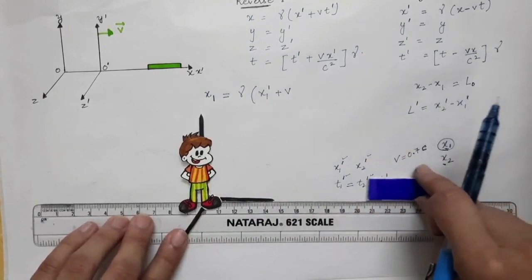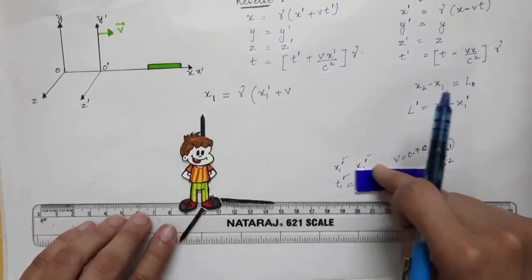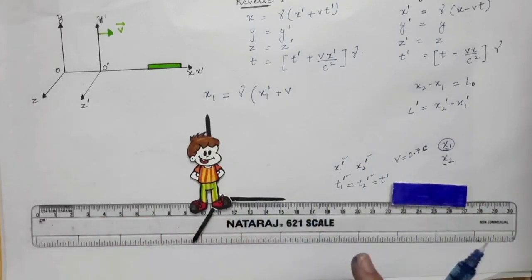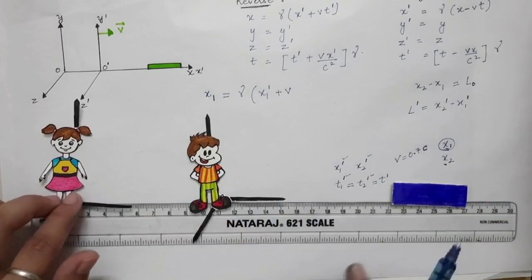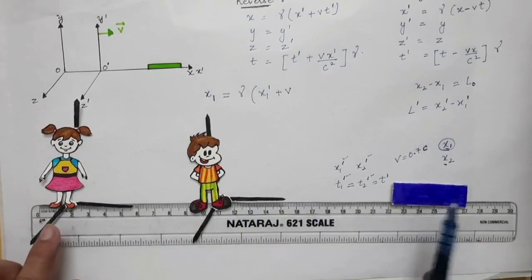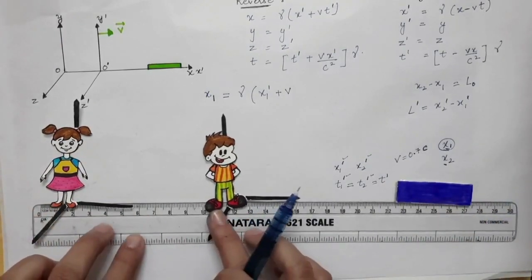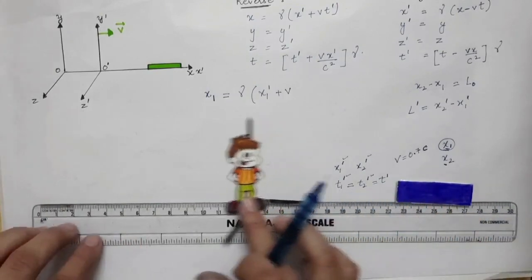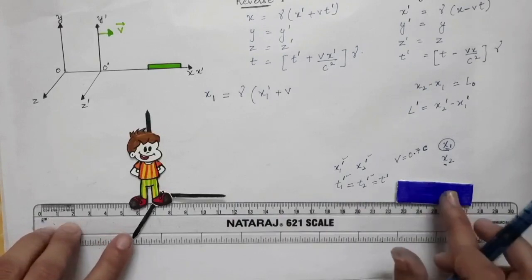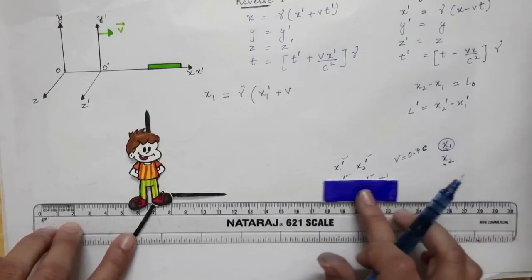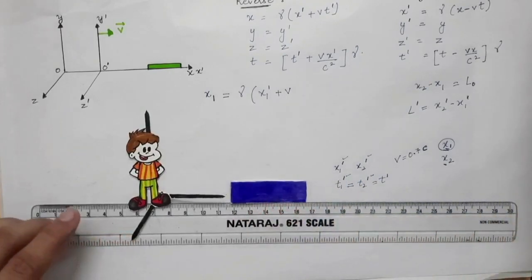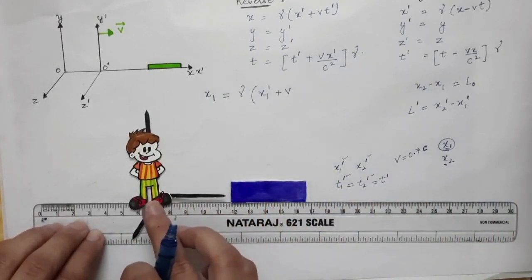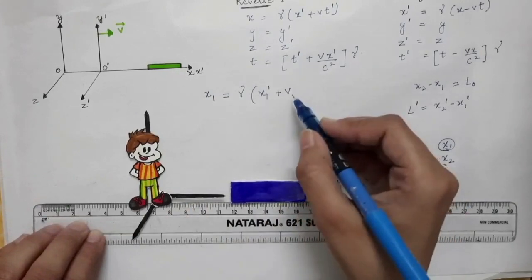In actual practice, this is an object and you are stationary with respect to the object, and your friend is moving in this direction. But according to your friend, the rod, this object, will be moving in this direction. So that is the velocity of the rod, or the velocity of your friend with respect to you. So that is equal to v.